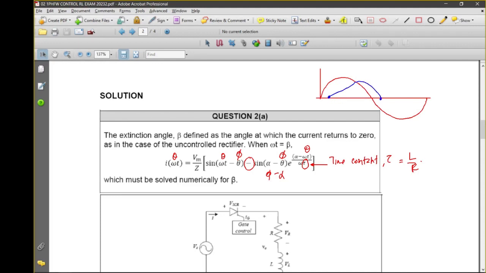This is alpha, for example, and this is your beta. This is the equation to describe that current, and if we set theta equal to beta, then all this current equals 0.